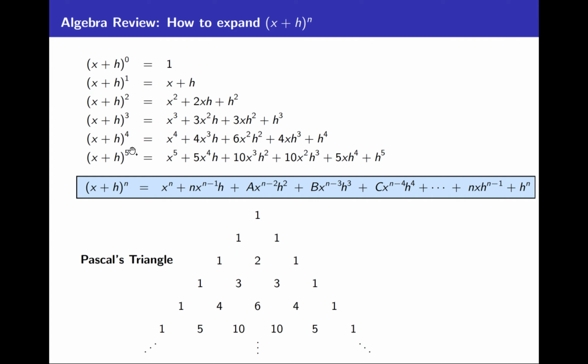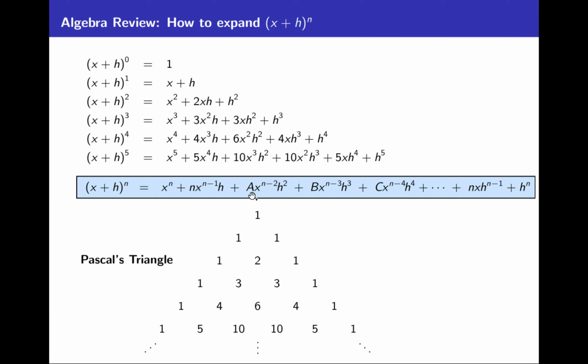For example, when n is 5, the second term is 5x to the 4, h. When n is 4, the second term is 4x cubed, h. When n is 3, the second term is 3x squared, h. The second term is always n times x to the power of n minus 1 times h.